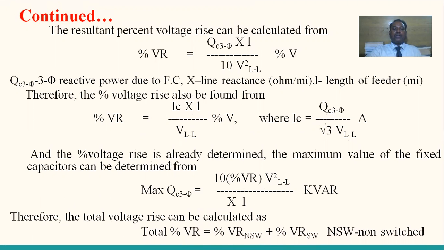Therefore, the total voltage rise can be calculated as total percentage of voltage rise, which is equal to percentage voltage rise of non-switched capacitors, that means fixed capacitors, plus percentage voltage rise of switched capacitors. So both will be taken into account, and the voltage rise has to be considered.